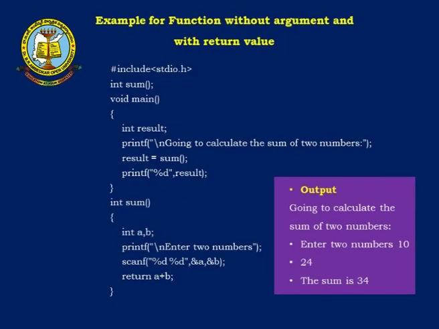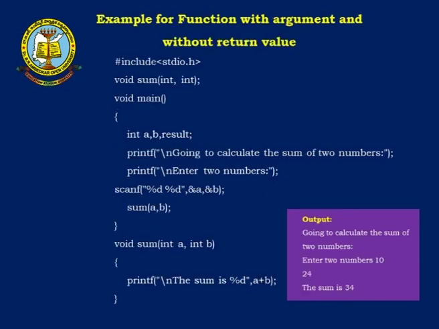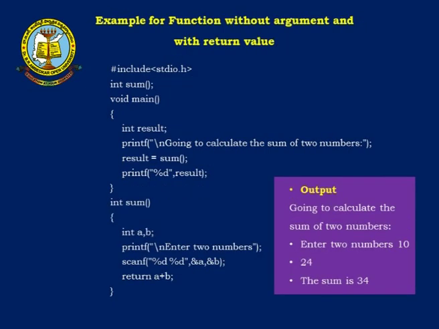So, this is the program function with argument and without return value. So, when we use the word without return value and with arguments, we need to care about writing the function declaration. So, in this example, we are saying that with return, so you must specify the return type here, and when you say without arguments, the parenthesis must be empty simply.